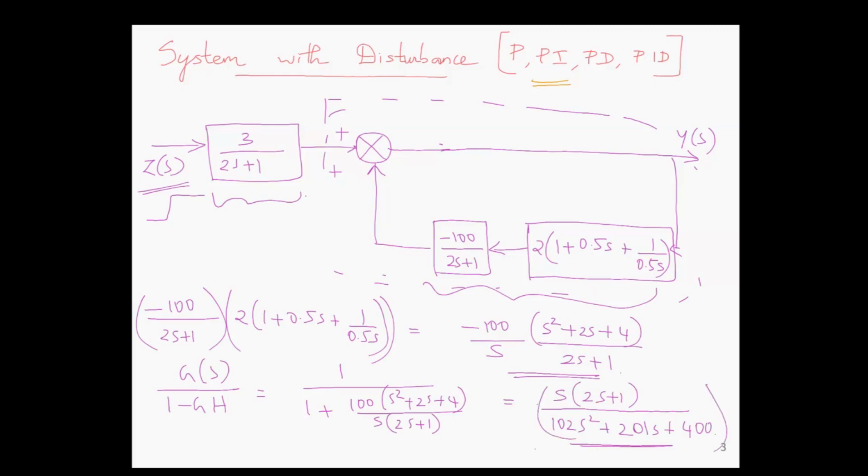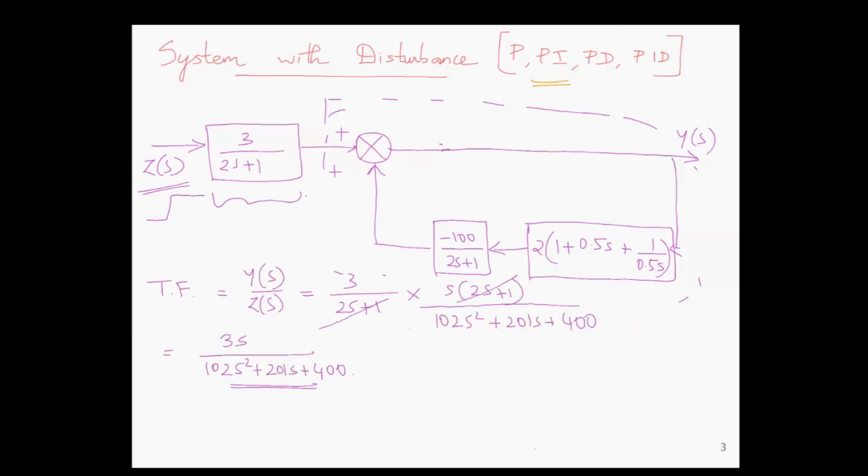This block is in series with 3 divided by 2s plus 1, hence we multiply them together to get the transfer function Y(s) divided by Z(s) equal to 3 divided by (2s plus 1) into s into (2s plus 1) divided by (102 s square plus 201 s plus 400). After cancelling off the terms, we get 3s divided by (102 s square plus 201 s plus 400).